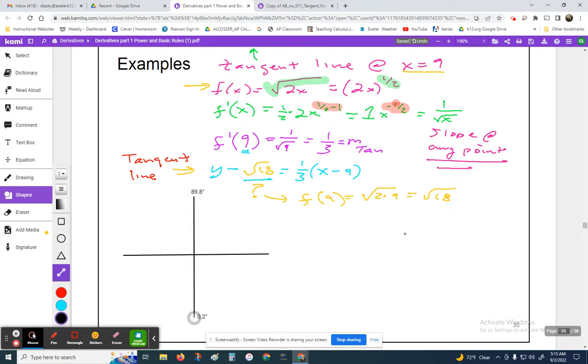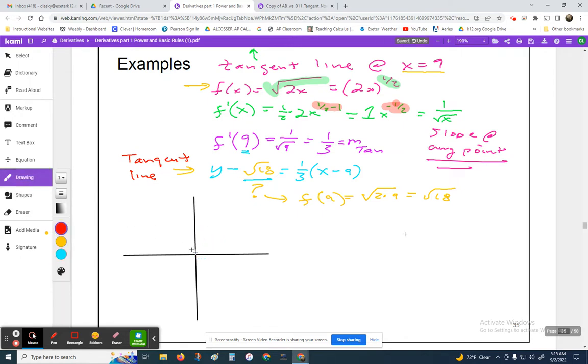If you plug y equals the square root of 2x into the graph, you are going to get something that looks like this. No, not like that. Got to actually change what I'm doing here. You're going to get something that looks like this right here. It's just going to be a square root graph that looks like that. All right?